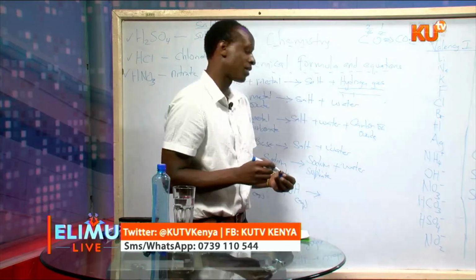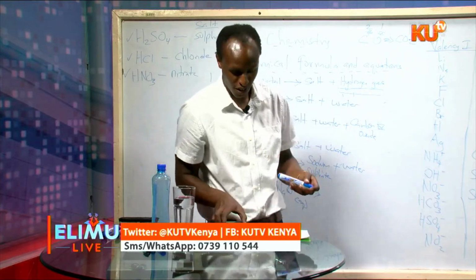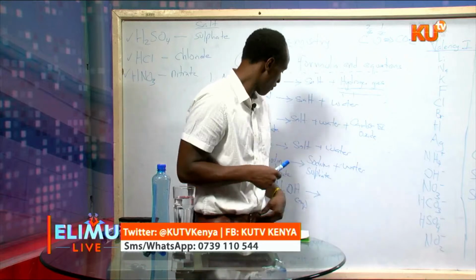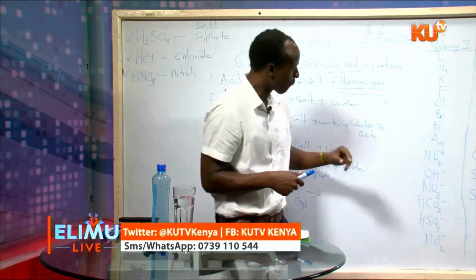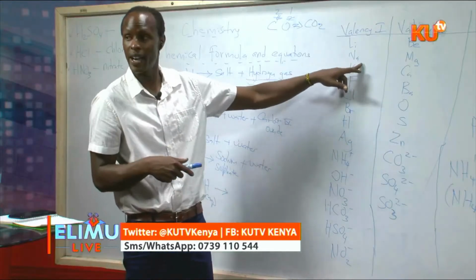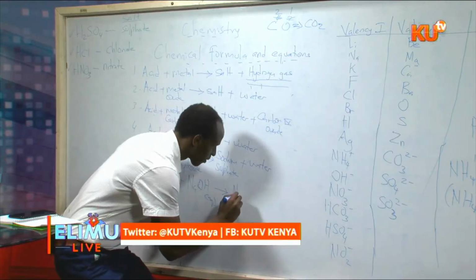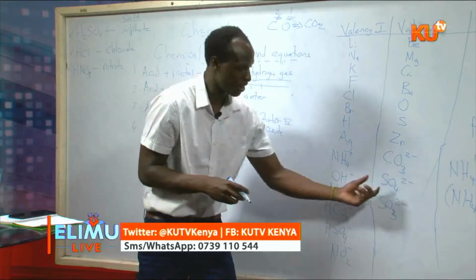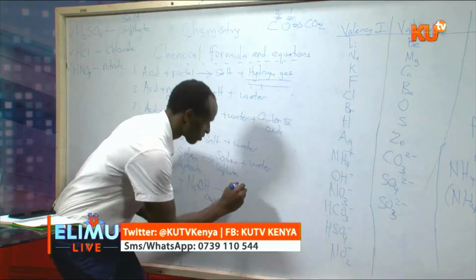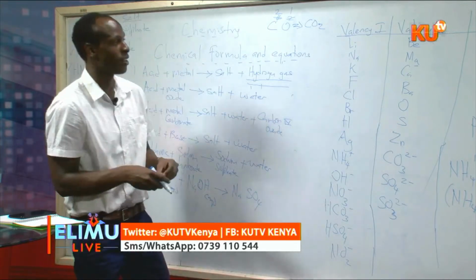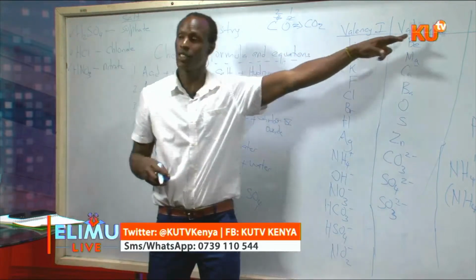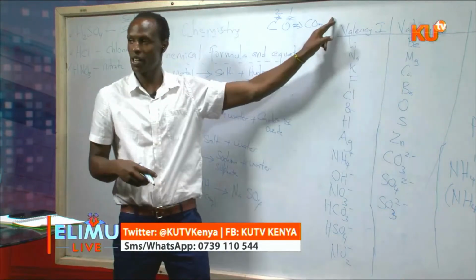You get sodium sulfate. If you have sodium sulfate now, what's the valency of sodium? The symbol of sodium is Na. Then what about sulfate? SO4. Valency, you must interchange. So the valency of sulfate is 2, the valency of sodium is 1.